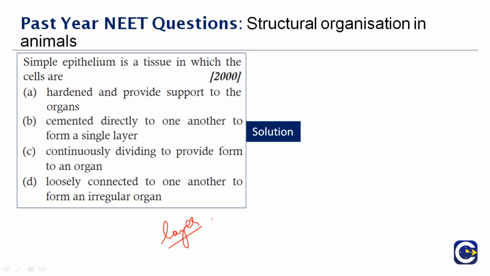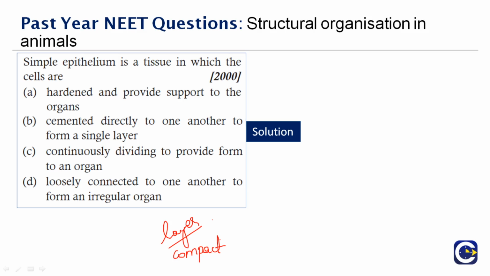Simple epithelium is a tissue made up of a single layer which is compactly packed. Maybe you can use the word compact there. Tightly packed, arranged on a non-cellular basement membrane. This actually paves the way for the rest of the actions to take place.